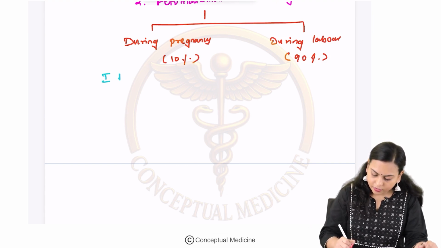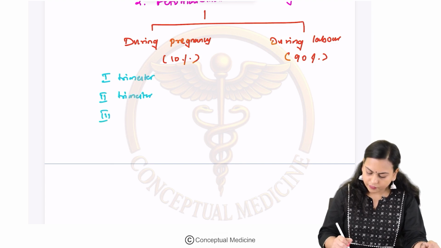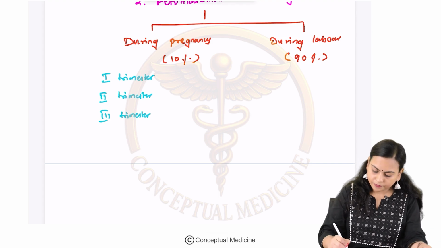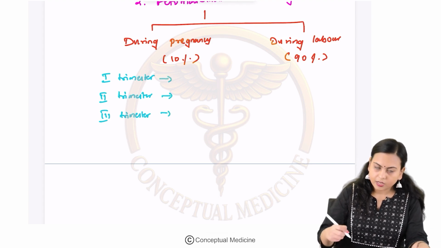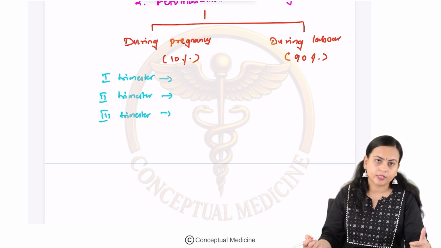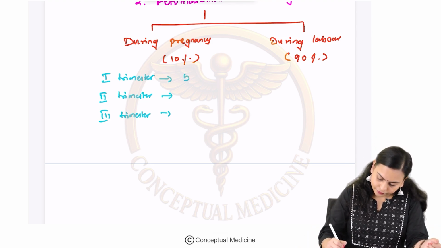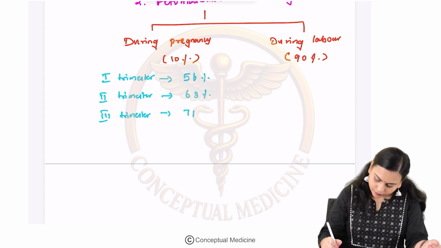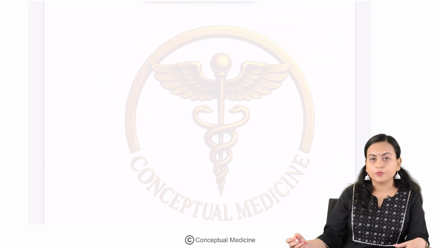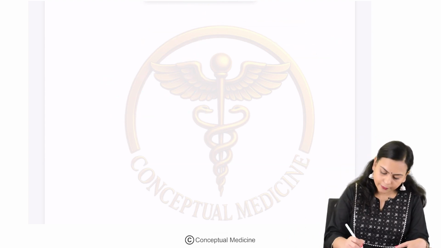So in the first, second and third trimester, there is a 56% chance, 63% chance and 71% chance respectively. Clear? Now, we will see some potentially sensitizing events.